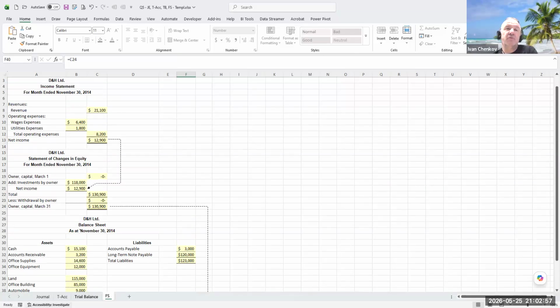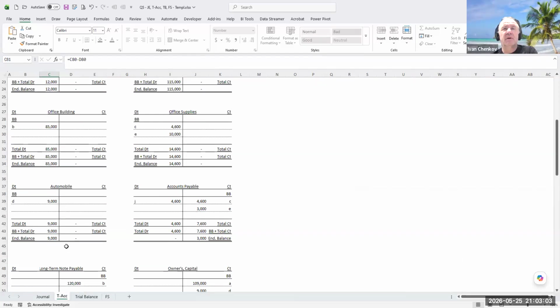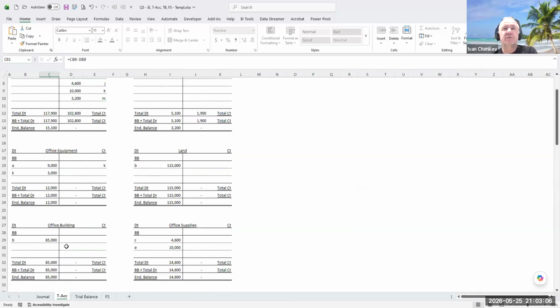So let me show you now transposition error. Let's pretend, let me see one number here, which is good for the transposition error.